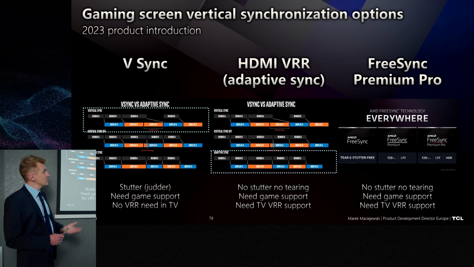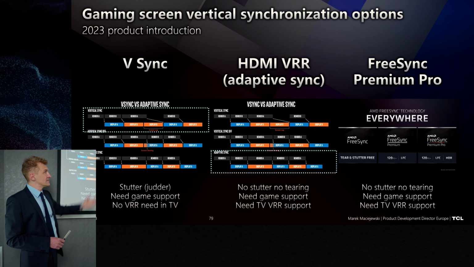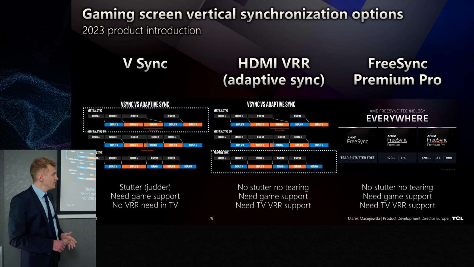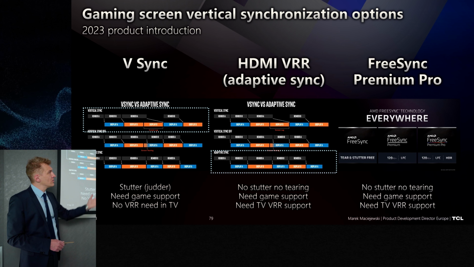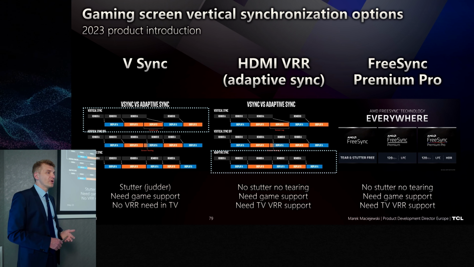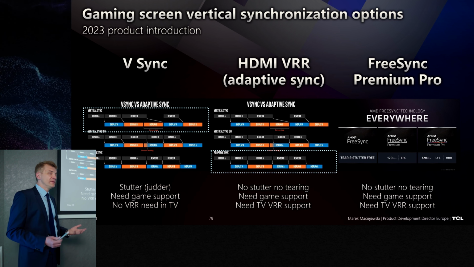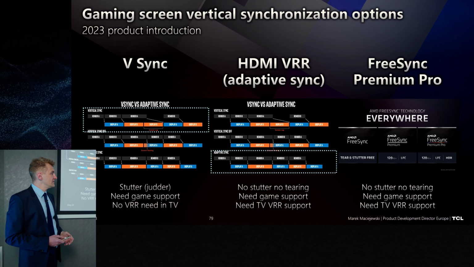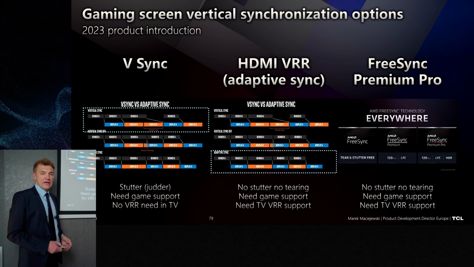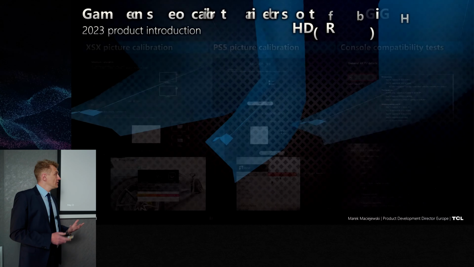So then the question is how to solve it: one is HDMI VRR, which is solving this, or another one is FreeSync Premium Pro or FreeSync Premium. But in principle, the reason to do it is the same. There are only some technical differences between both.